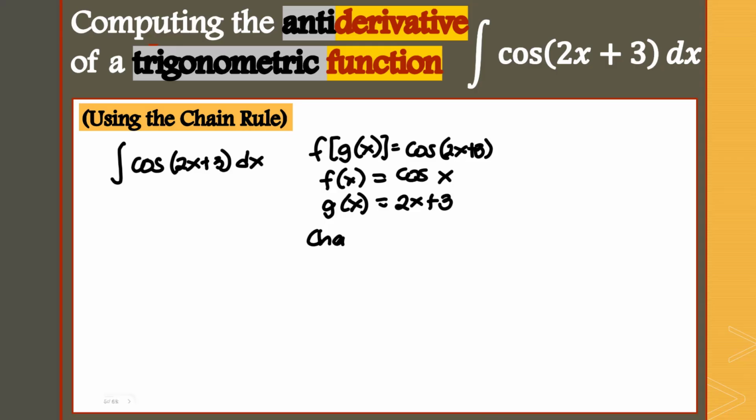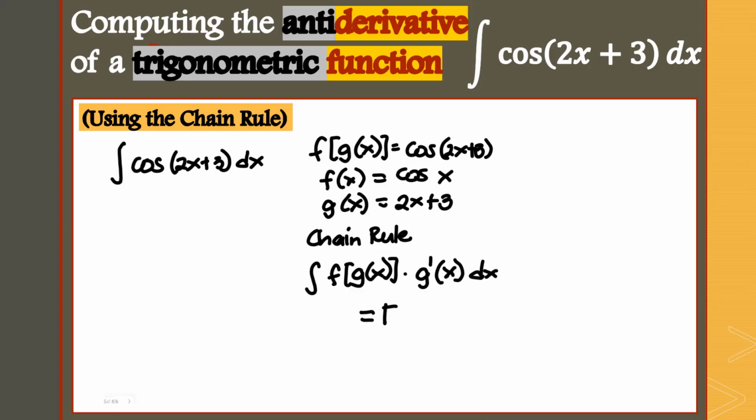So you have here the chain rule for antidifferentiation of composite functions. We have here the integral of your composite function f of g of x times the derivative of your angle, g prime of x, dx, which would be equal to the antiderivative of your outer function with g of x as its component, plus c.